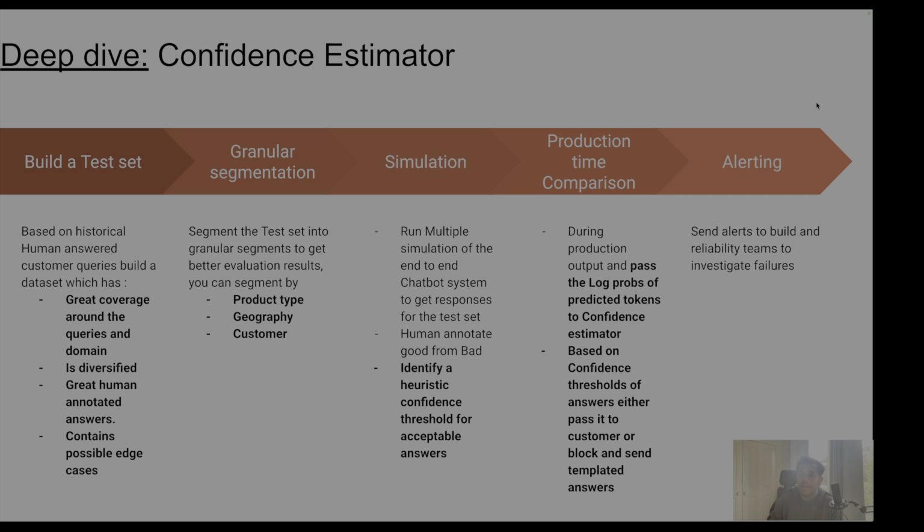It could be literally a fail safe where the answer now switches to a templated answer, and so on and so forth. But a confidence estimator is a great way to build your estimate around your domain about what a large language model is able to do, and with what confidence, so that you can accordingly build your whole chatbot application.